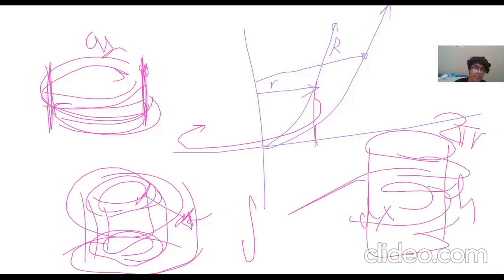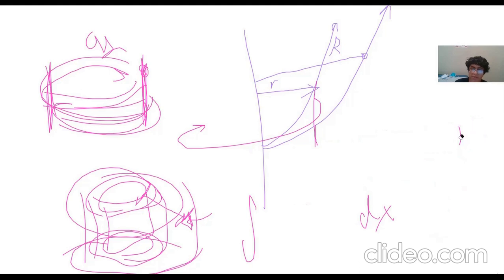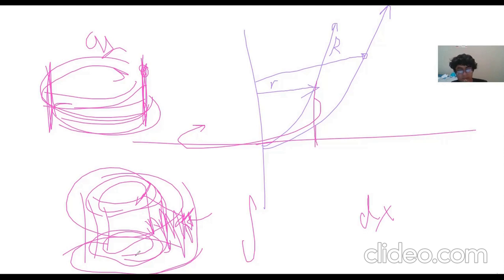And you don't need the faces of the cylinder, because the surface area that's important to us is just the sides. These sides getting added up give the volume of the shape. So we just need the lateral surface area, 2 pi r h.